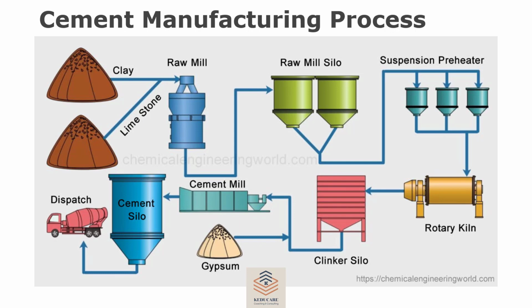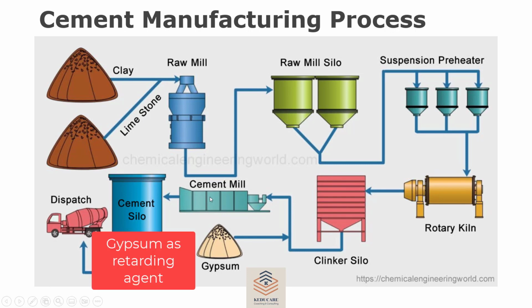The clinkers are fed into a ball mill or tube mill along with powdered gypsum. In this area the clinkers are put into the mill, and along with the gypsum it grinds well. The gypsum acts as a retarding agent so that the resulting cement does not set quickly when it meets water.